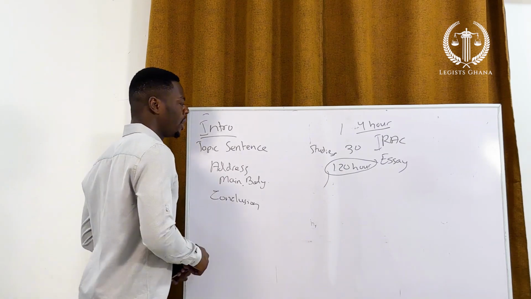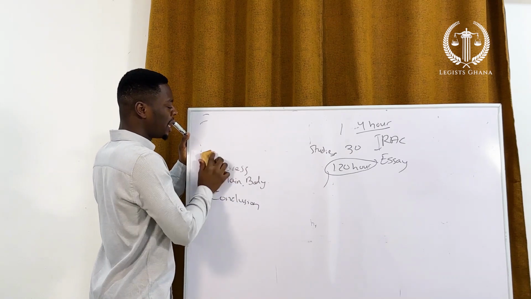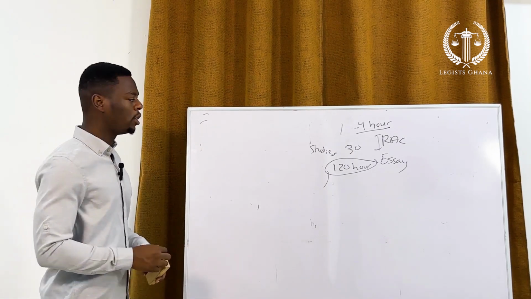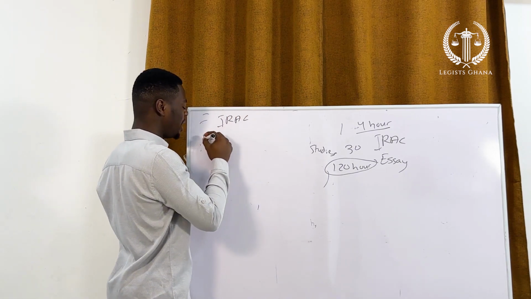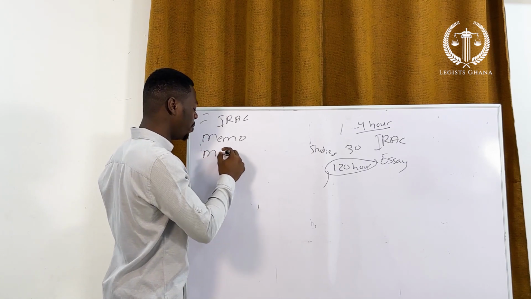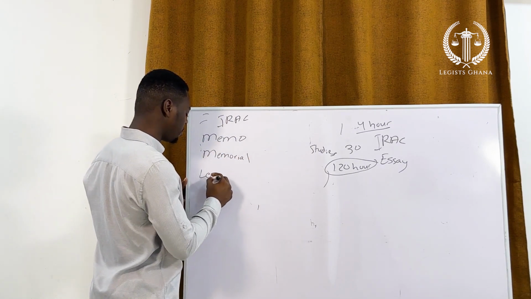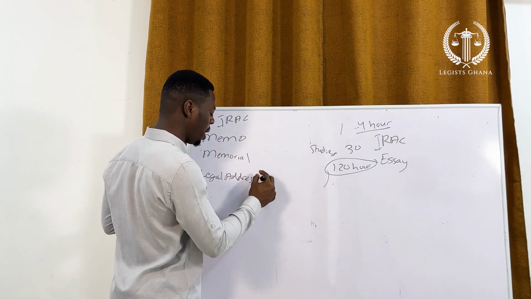For the hybrid, as I was saying, they might instruct you with a set of facts. So they might give you a problem question and you do not address it using IRAC alone. You can write it in a memo. So they can inform you to write a memo or even a memorial or even a legal address to maybe a particular group.